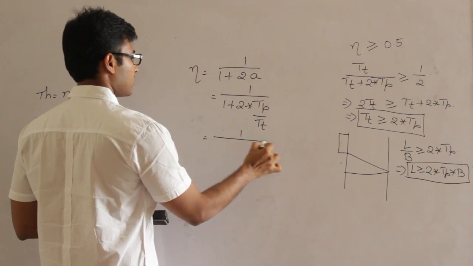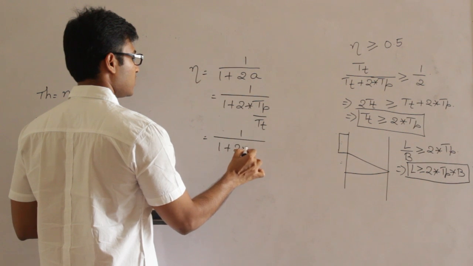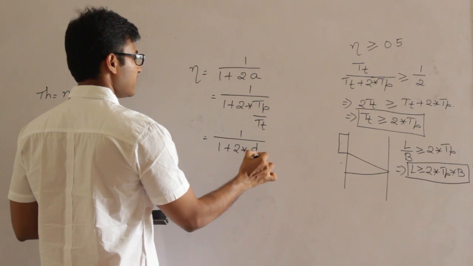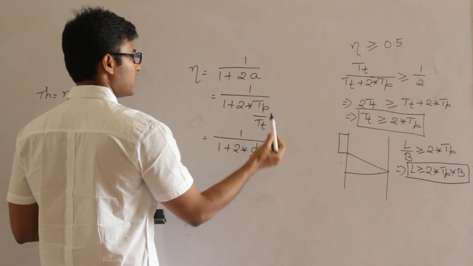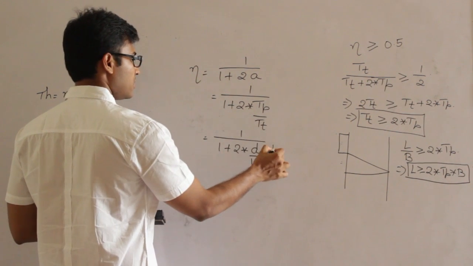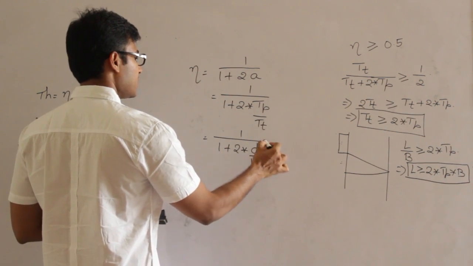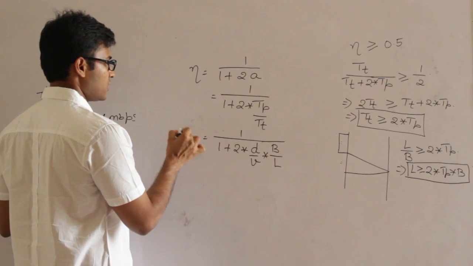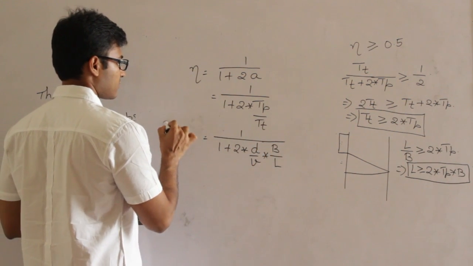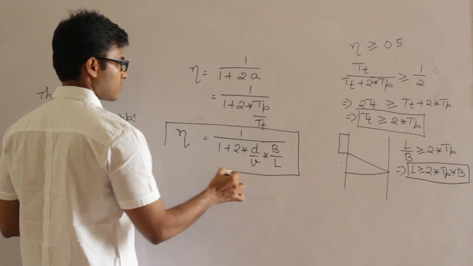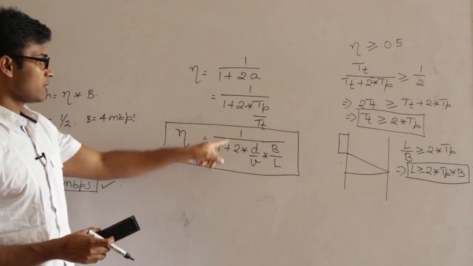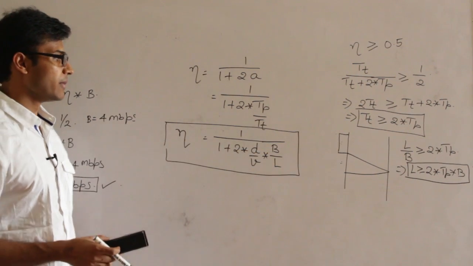And you know that Tp is d by v, and Tt is L by B, so Tt inverted gives B by L. Therefore the efficiency formula is 1 upon 1 plus 2 into d by v into B by L, right?